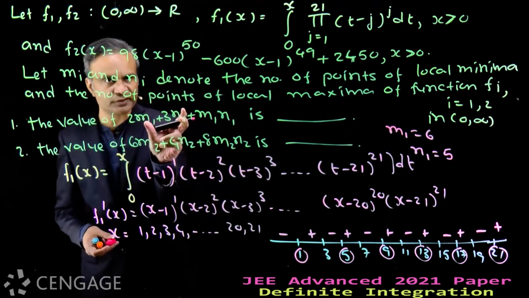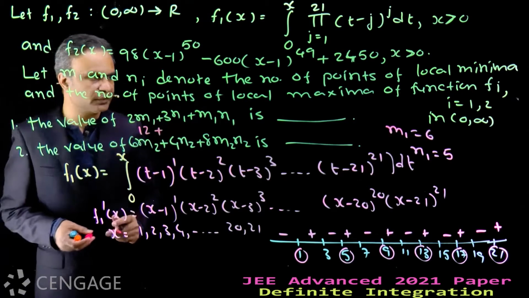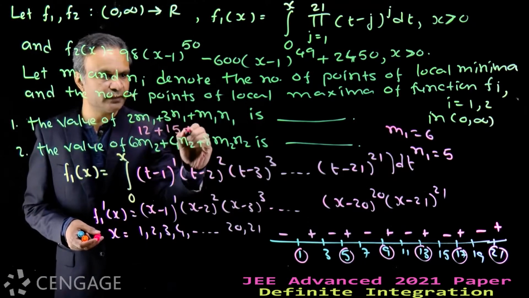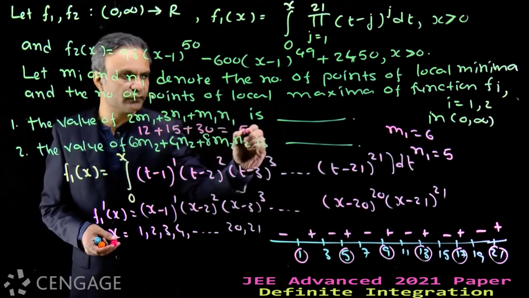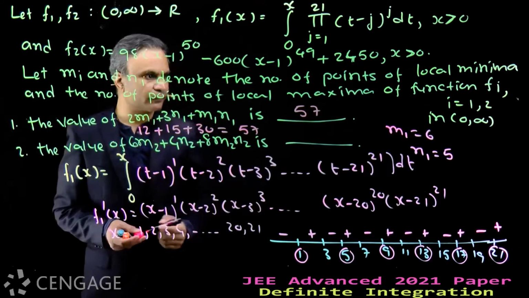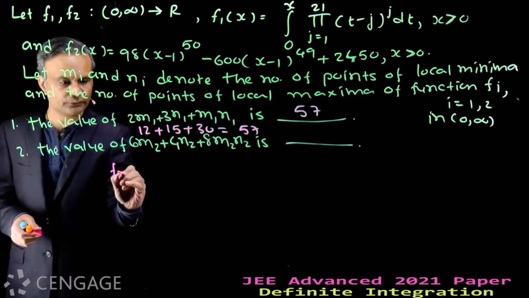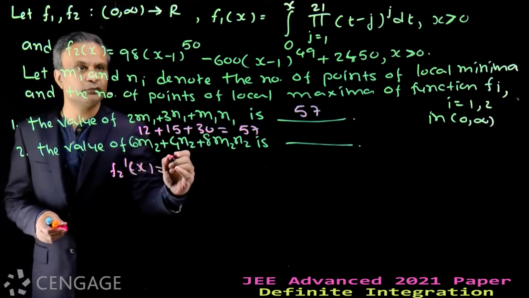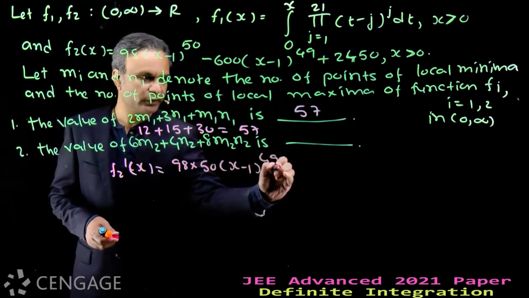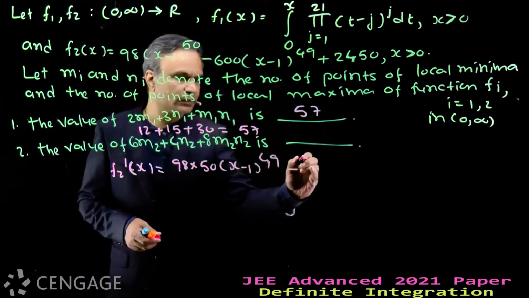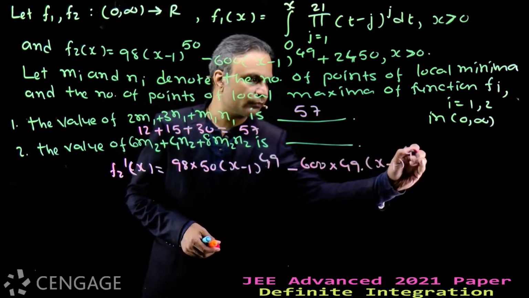Okay, now we can find the value of this expression. 2m1 is 12 plus 3n1 is 15 plus m1n1 is 30, and this sum is 57. The value is 57. Okay, now we check function f2(x). Now the derivative of f2(x) will be 98 into 50 into (x minus 1) power 49 minus 600 into 49 multiplied by (x minus 1) power 48.